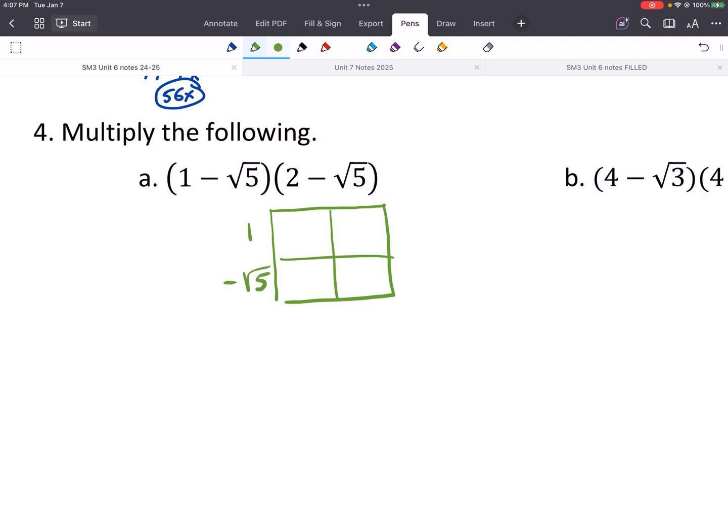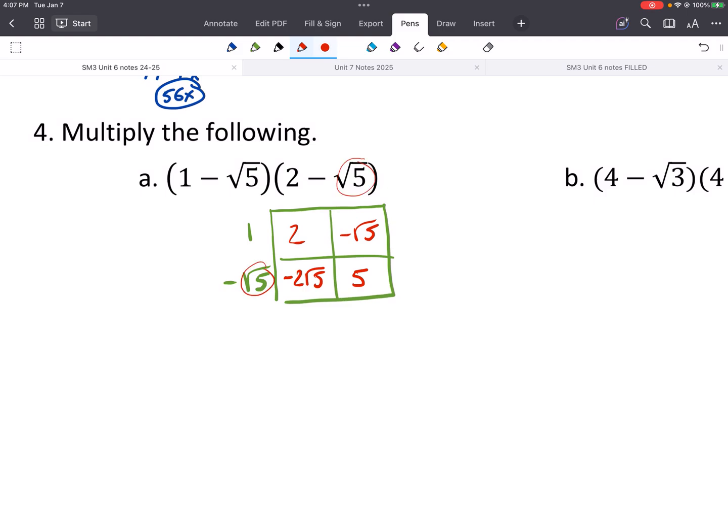We multiply and combine like terms. So if we multiply 1 times 2 is 2, 1 times negative square root of 5 is negative square root of 5. This will give us negative 2 square root of 5, and then this would give us a positive 5. So just kind of the same thing we talked about.